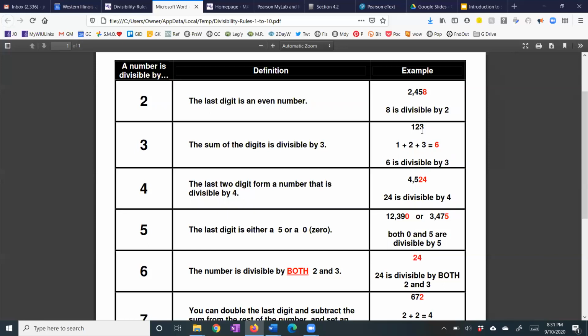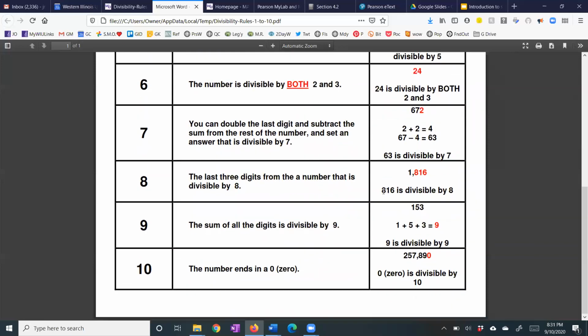The example on our handout is 123. 1 plus 2 plus 3 is 6. 6 is divisible by 3. Therefore, 123 is divisible by 3. The divisibility test for 9 works the same way. We add up the digits and we see if the sum is divisible by 9. Let's do a couple of true-false questions.